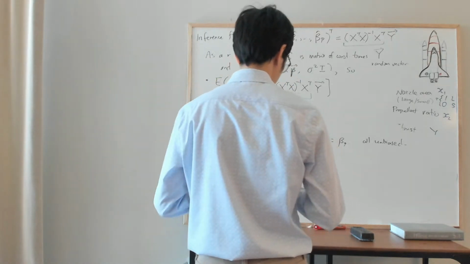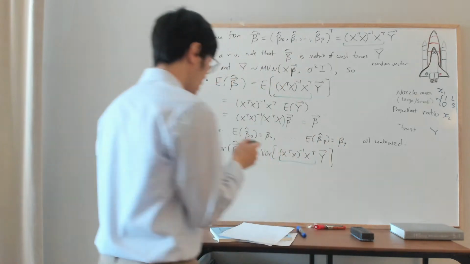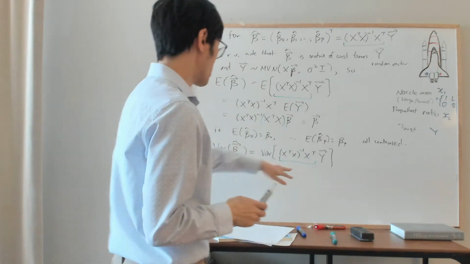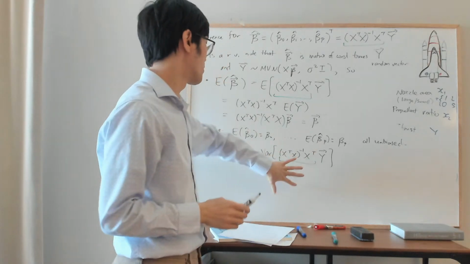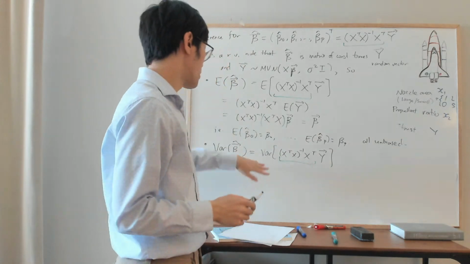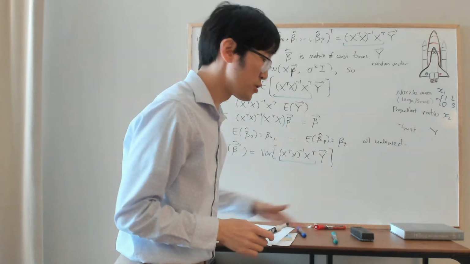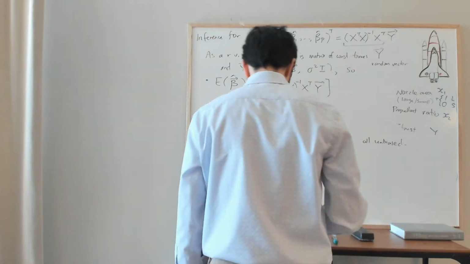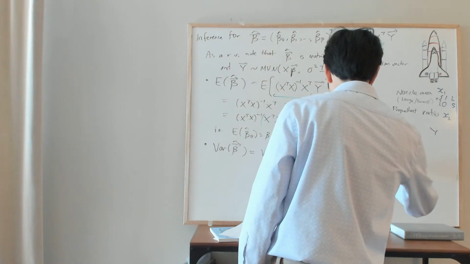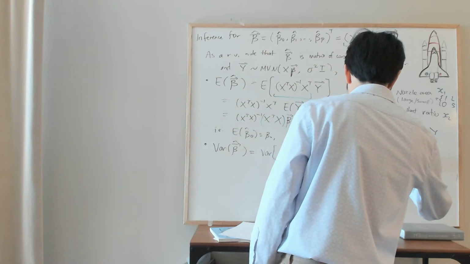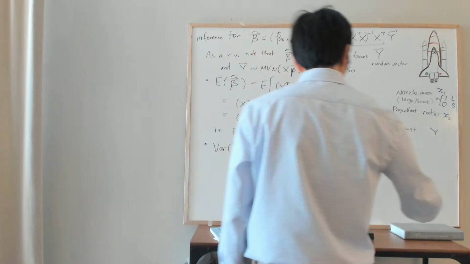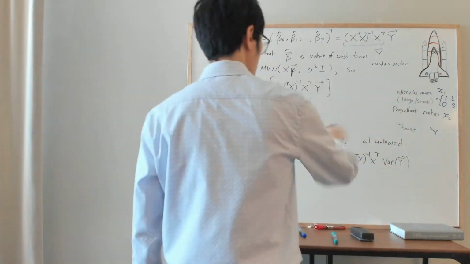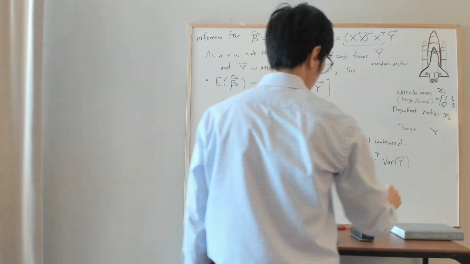This entire part is a matrix of constants, so we have the variance of a matrix A times y, which gives A, variance of y, and then A transpose. So on the outside we have x transpose x inverse x transpose, in the middle is the variance of y, and on the other side is the transpose of this whole thing.